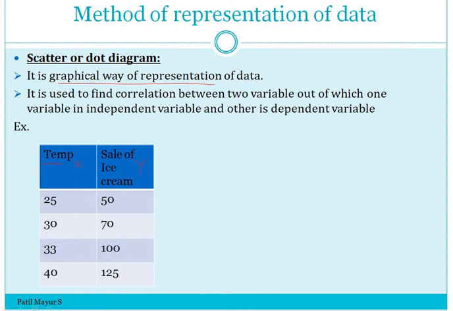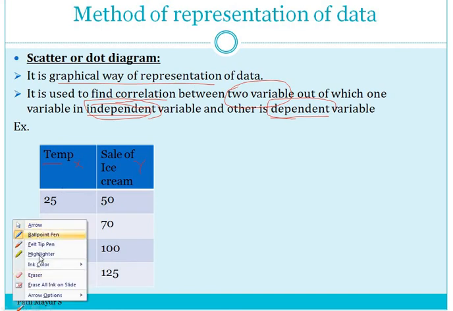It is used to find the correlation between two different variables, whether the two variables are related or not. In that, one variable is the independent variable and the other is the dependent variable. Let us take an example: temperature and sale of ice cream.